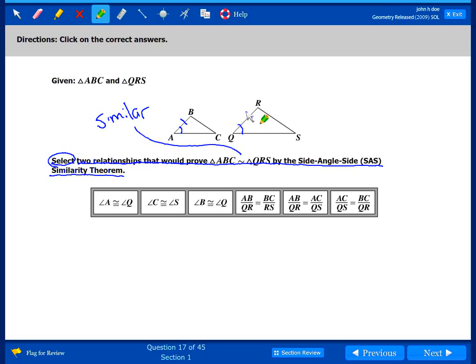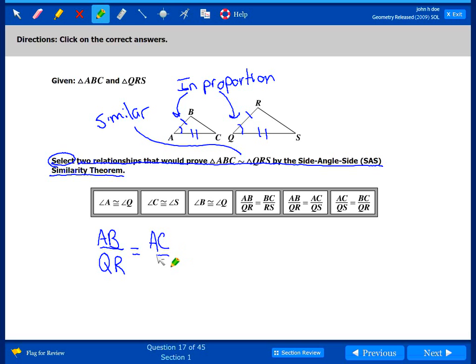We need these 2 sides to be in proportion. So we need AB over QR, and we need the other two sides, AC over QS. Again, that's not congruent.